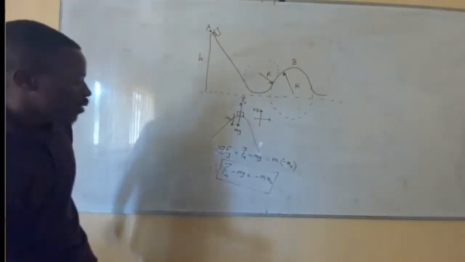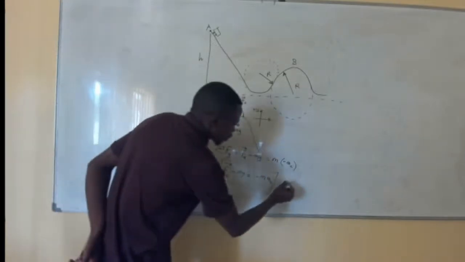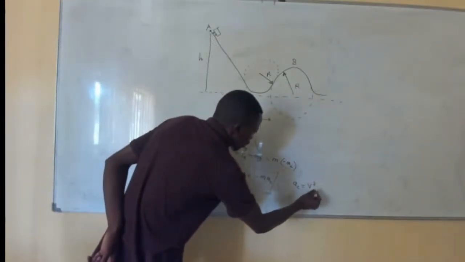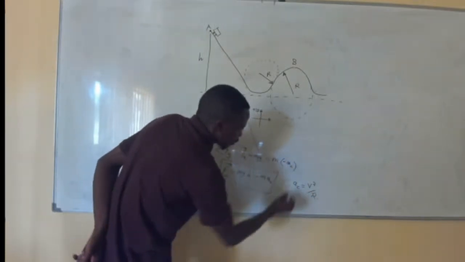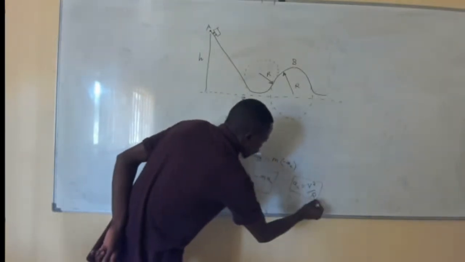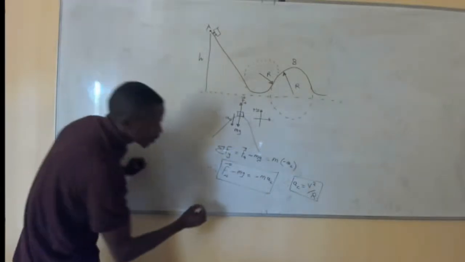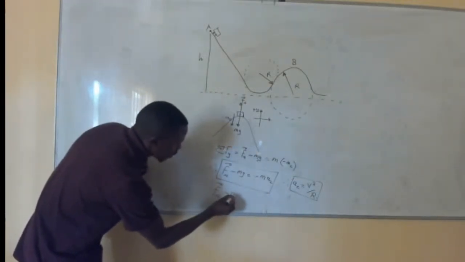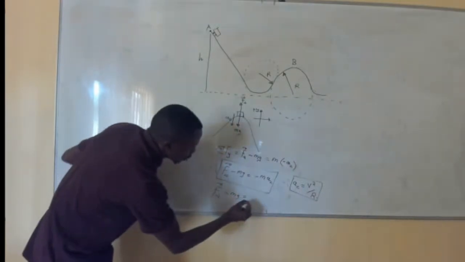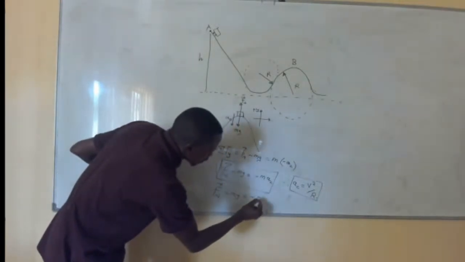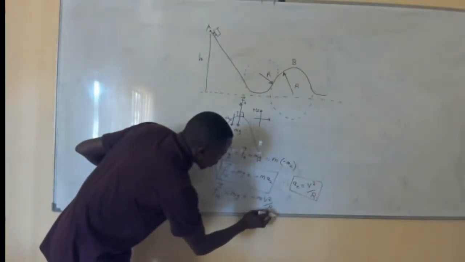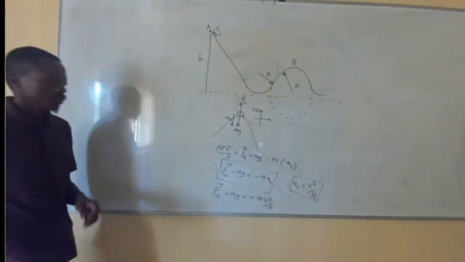We know that our circular acceleration is just given by v squared over r. So if we replace that into this, we remain with Fn minus mg is equal to minus m v squared over r.